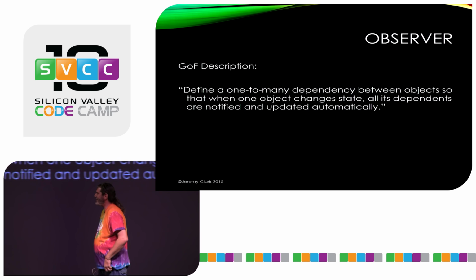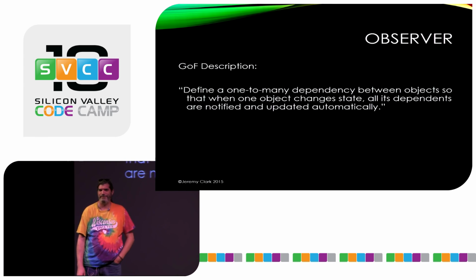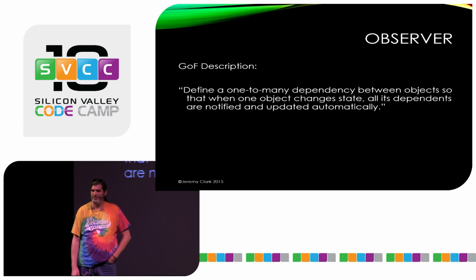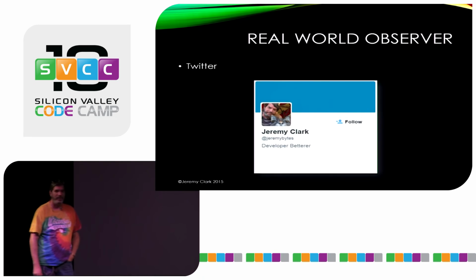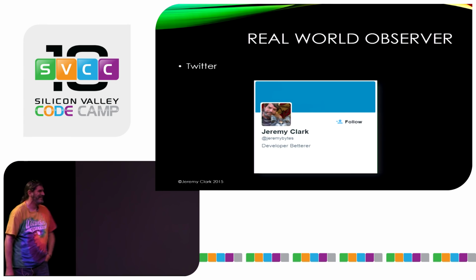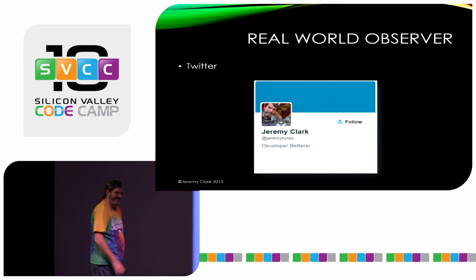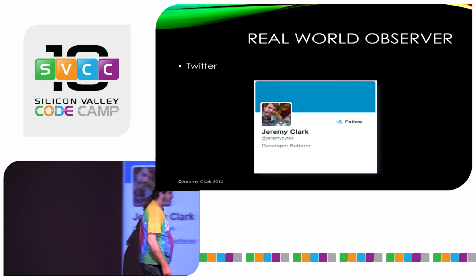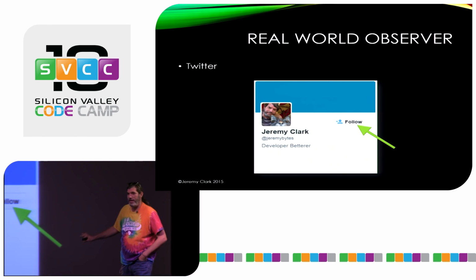But when we narrow this down, all we're talking about here is a publish-subscribe relationship. And we all understand what publish-subscribe relationships are. Why? Because we're on Twitter, right? So if you'd like to follow me on Twitter, I'm @JeremyBytes. Feel free to do that. Now, when I'm talking about Twitter, I'm specifically talking about the follow functionality.